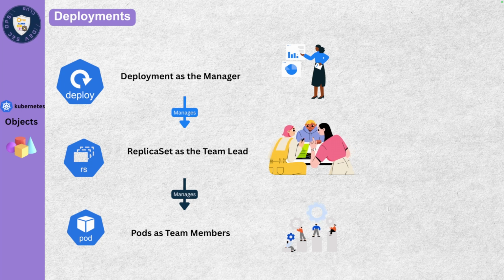If a team member, meaning a pod, is absent or fails, the team lead takes care of bringing in a new member. So in short, deployment manages replica set, which manages pod, and pod runs the container. Very simple hierarchy. I tried to explain it as simply as I could.